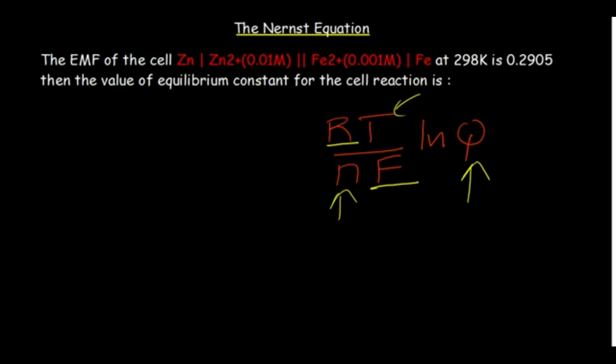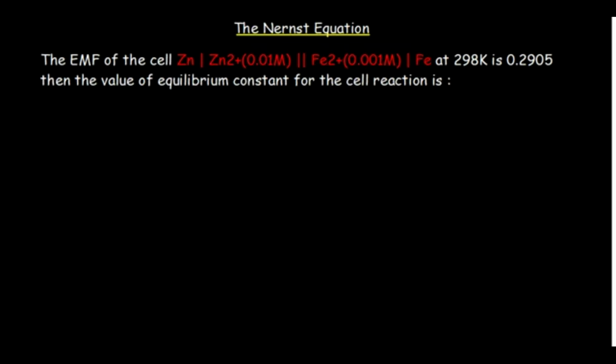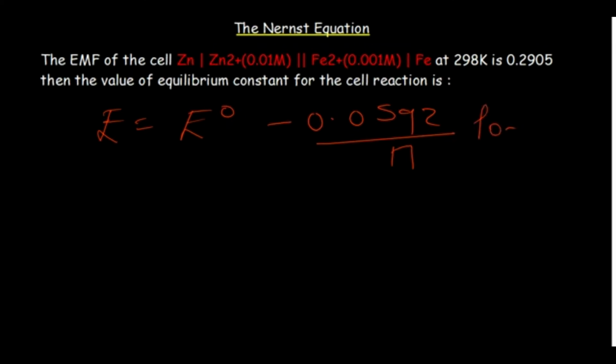Then at 25 degrees Celsius or 298 kelvins, we do know that our formula is simplified to something simple, where we now just have 0.0592 over n and then log of Q. So now if you look at the question, we've been told the EMF of the cell at that temperature is that.